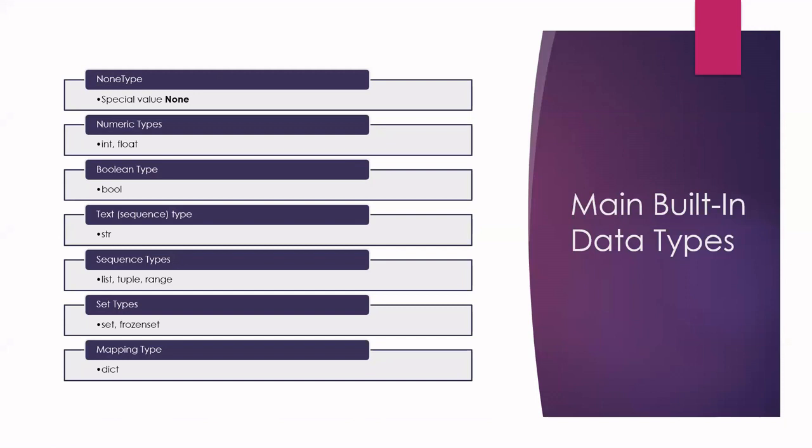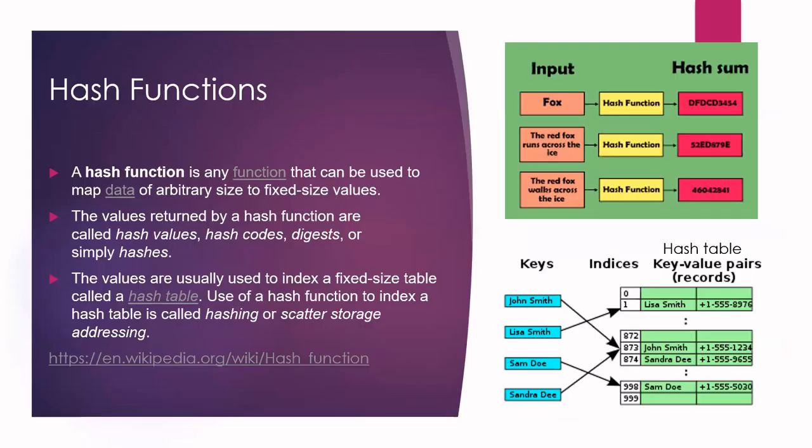Okay, so we talked about all these. Now we're gonna talk about the set types and the mapping types. Actually, there is a category called mapping types, but there's only one type underneath, which is a dictionary.